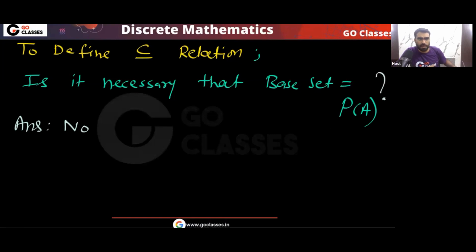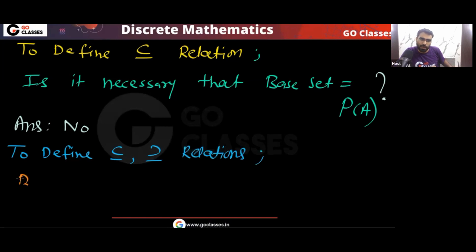But remember, very simple point, if you want to define this relation, then your base set elements must be sets. I want to define these subset and superset relations. If I want to define these relations, then these relations must be defined for sets. Yes or no?